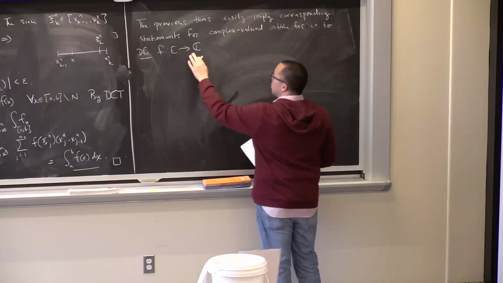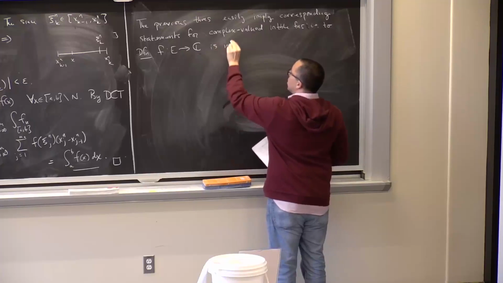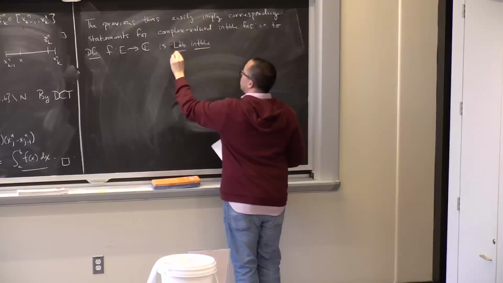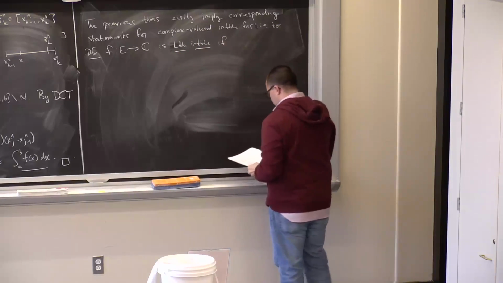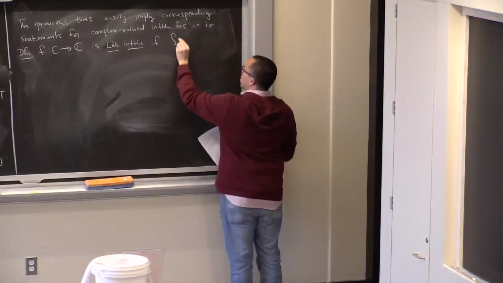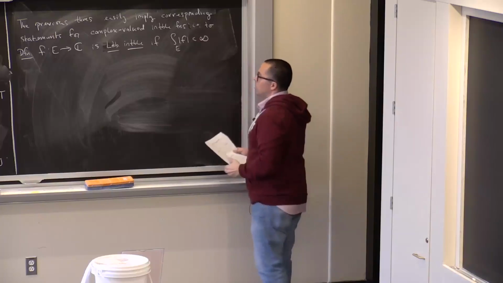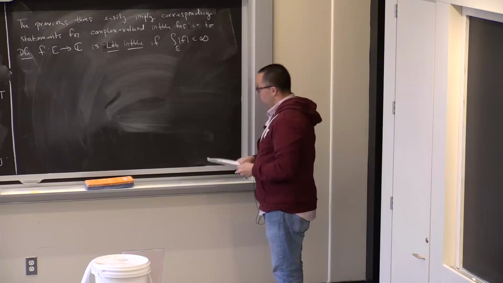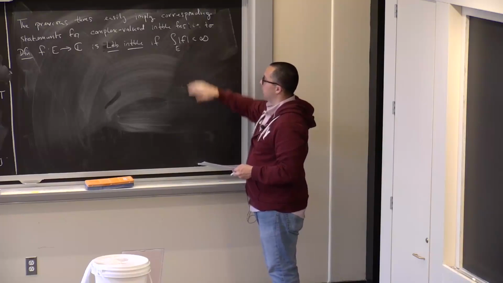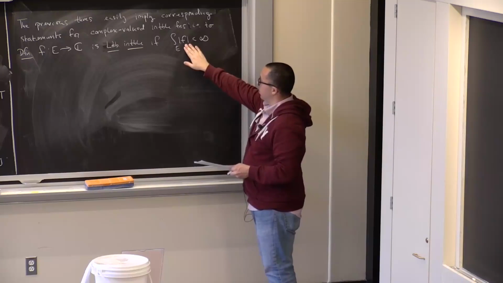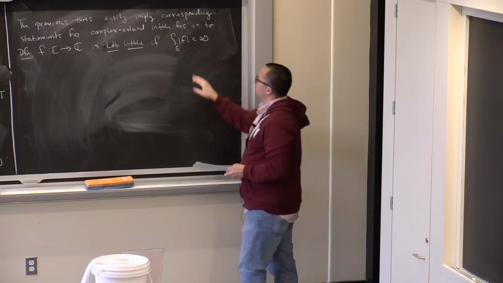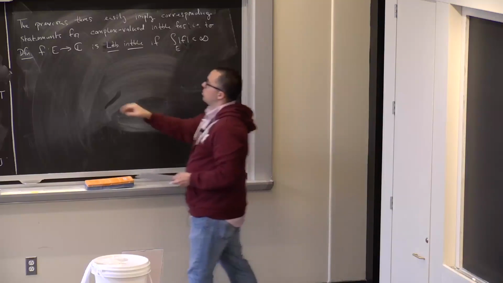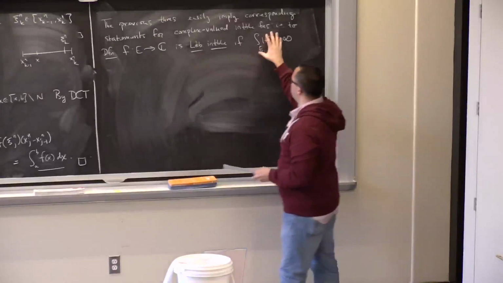So f from a measurable subset E to C is Lebesgue integrable if the same condition holds, that the integral of the absolute value of f, which now is a modulus of a complex number for each x, is integrable. Okay, so this is a non-negative measurable function now, which is defined on E, so this quantity here makes sense. So we say a complex-valued function is Lebesgue integrable if this quantity is finite.